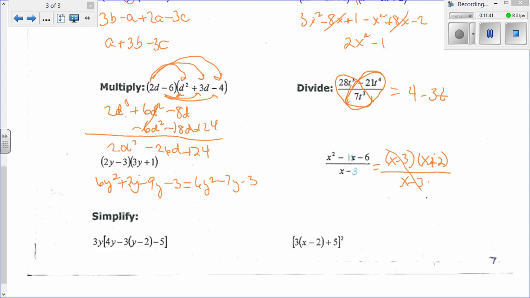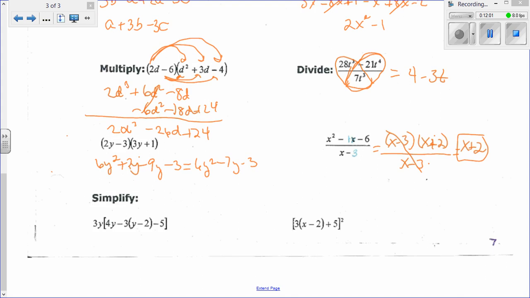And they both have an x minus 3 in common, so we're left with x plus 2. I'm not really worried if you didn't quite understand that one, because we're going to spend a lot of time doing problems like that.